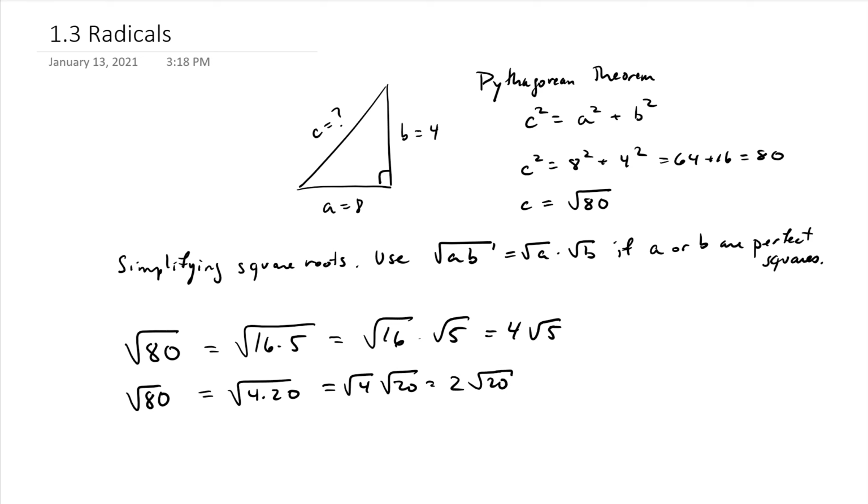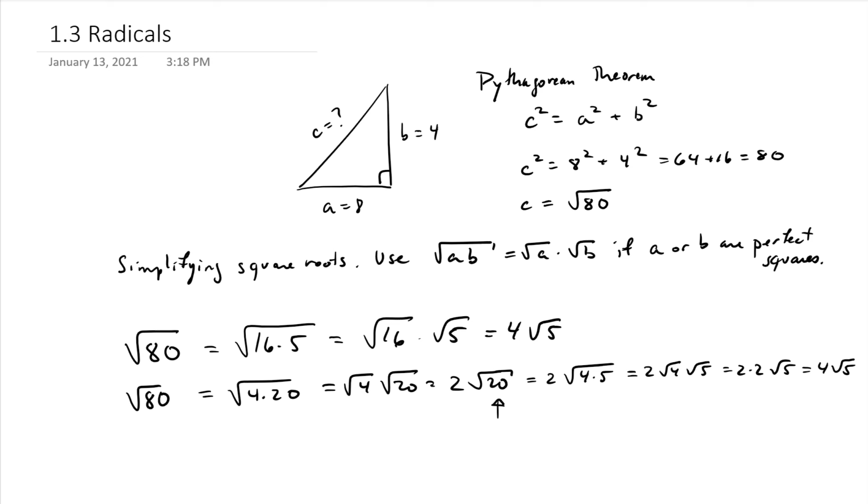But then you have to ask yourself about the remaining number, 20: can I divide it evenly by another perfect square? The answer is yes. You can keep on dividing by 4, so you can apply it a second time. Then you get 2 root 4 root 5, and root 4 is 2. So 2 times 2 is 4, and you end up with what I had previously.